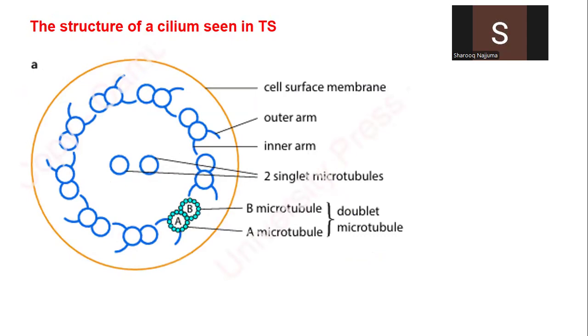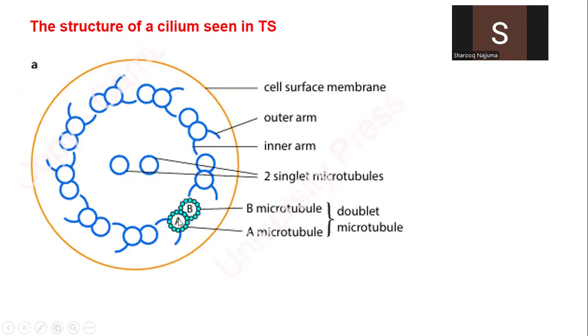First things first, remember that a cilium is also made up of microtubules. But for a cilium, the microtubules are in pairs. You can see the pairs here. So this is a pair, another pair, another pair, another pair.